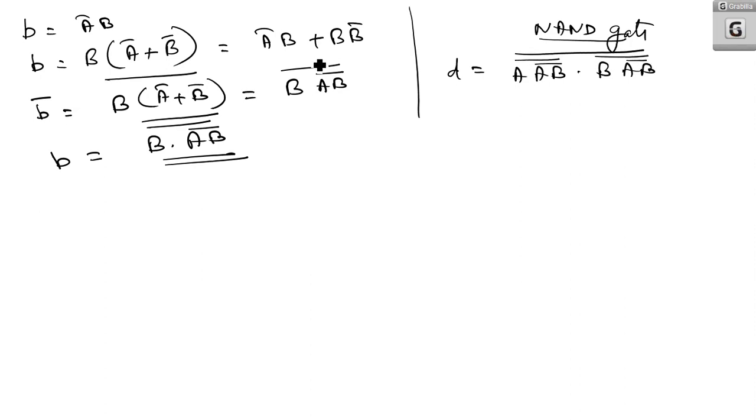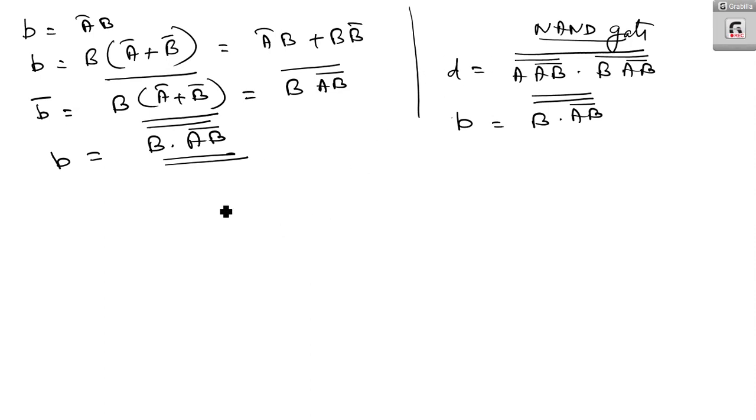So that is difference. And what is borrow? Borrow is B dot AB bar and complement of that. So what we can see is that this borrow can be taken as a part of this difference. Borrow can be taken as a part of this difference.